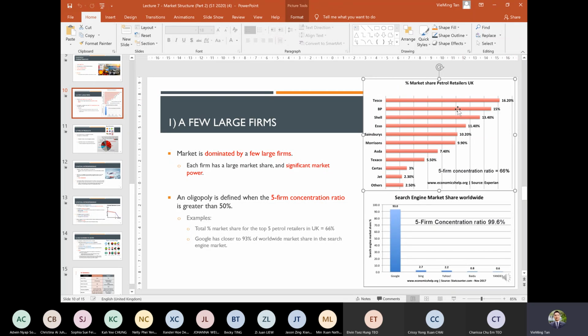If you sum up the first 5 firms with the highest market share, you may find that it's more than 50%. 16.2% plus 15% plus 13.4 plus 11.4 plus 10.2. If you sum up these 5 market share percentages, it's more than 50%, equal to about 66%.